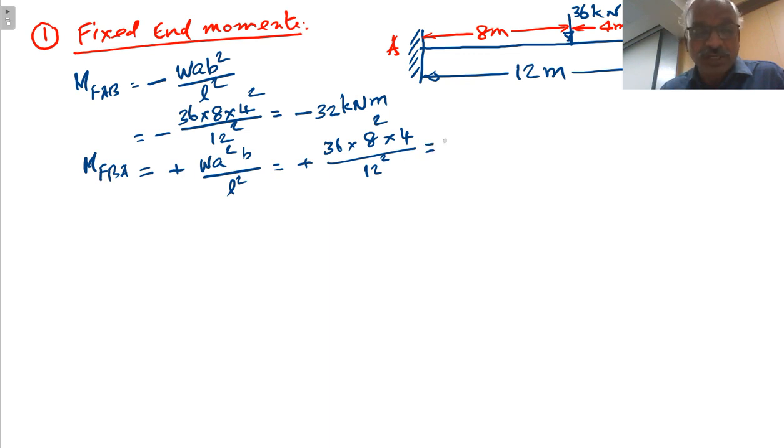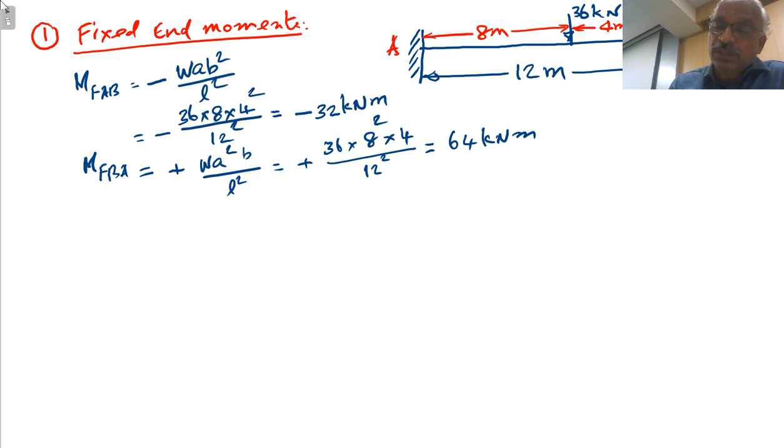So this value is equal to plus 64 kilonewton meter. And here there is only one span, AB only. There are two fixed end moments, MF AB and MF BA, assuming A and B as fixed ends. Right. So this is the first step. We have taken a simple problem, therefore.